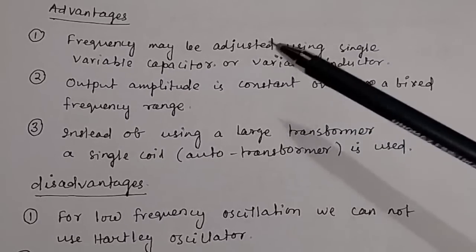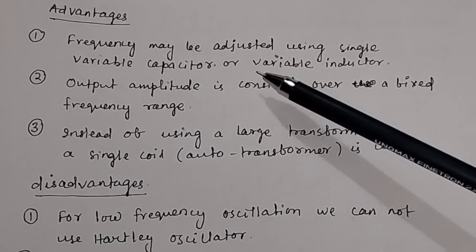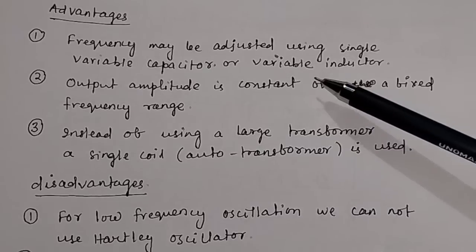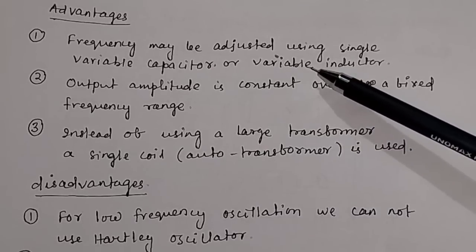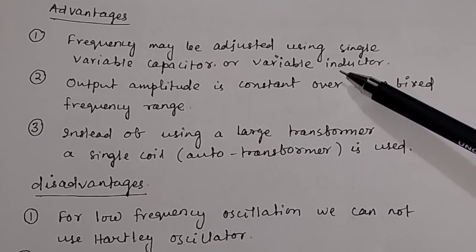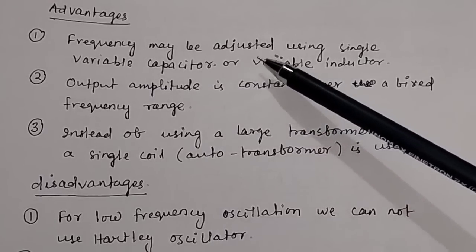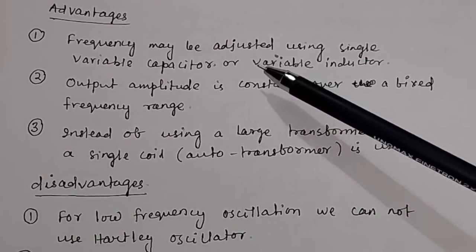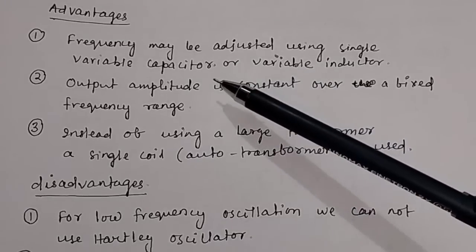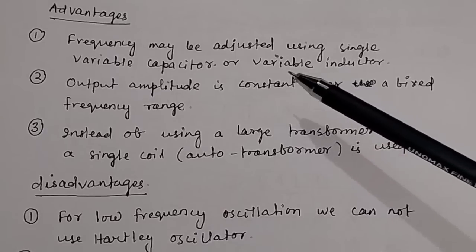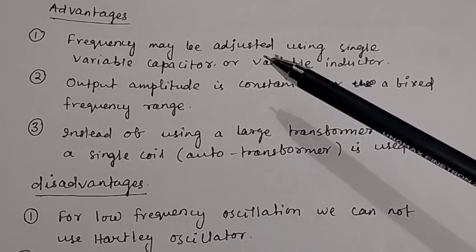What are the advantages? You see, the frequency may be adjusted using a single variable capacitor or variable inductor. Suppose you make the inductor fixed and vary the capacitor, the frequency can be adjusted. Or you fix the capacitor and take a variable inductor, then you can also adjust the frequency.